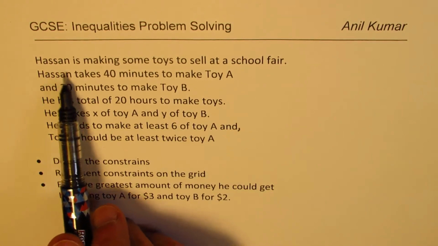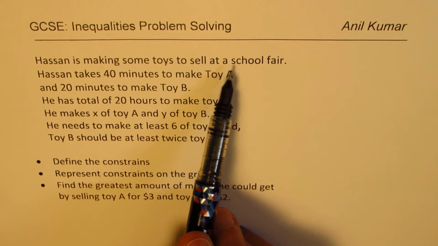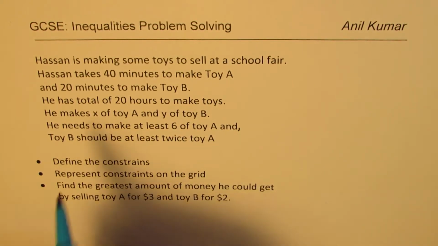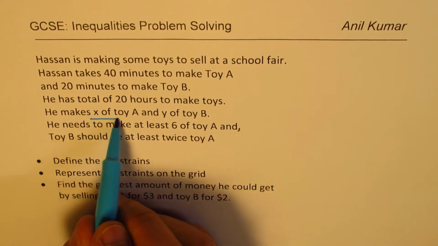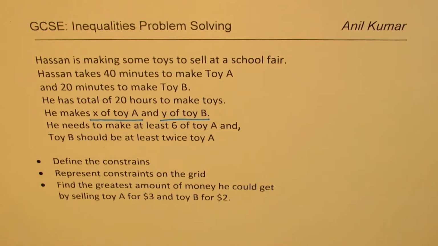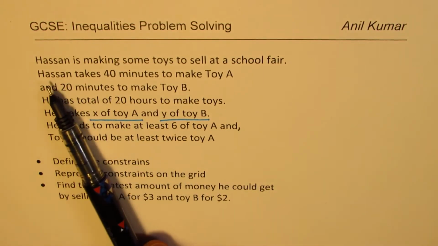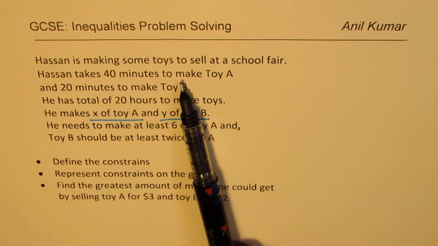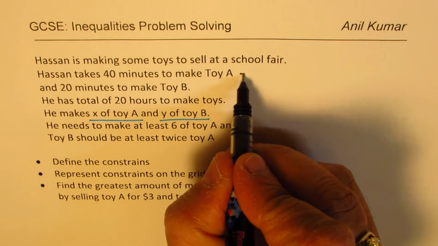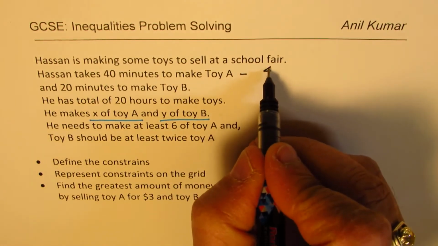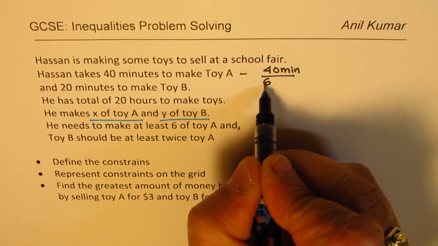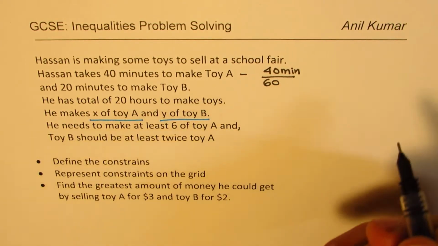So it says Hassan is making some toys to sell at school fair. Here they have also mentioned that he makes X of toy A and Y of toy B, right? So these are the two variables which we are going to take. Hassan takes 40 minutes to make toy A. So from here we can find the rate for making toy A. 40 minutes means if I divide by 60, I get in hours, right?